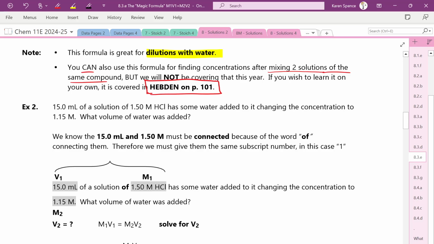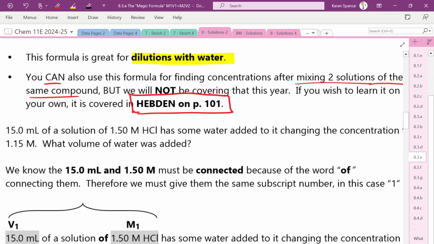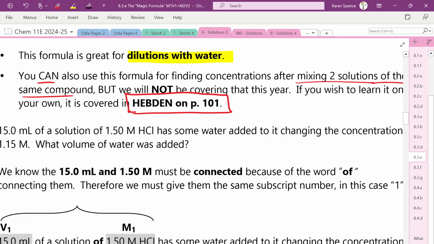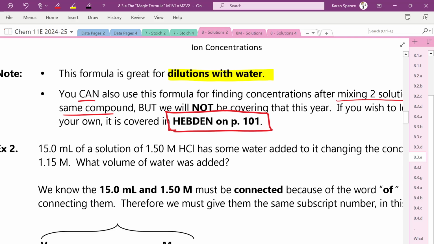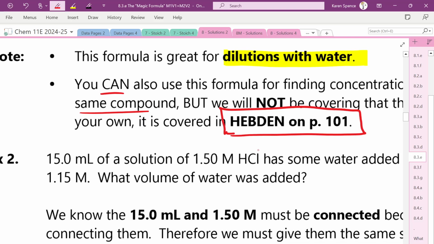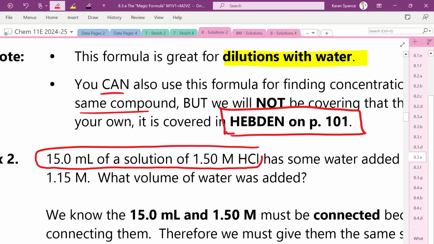So here we have a question, and the tricky part of this is just to realize who is M1, who is M2, who's V1, and who's V2. First thing is to realize that this is all referring to the same thing. Yes, we have 15 milliliters of 1.50 molar.